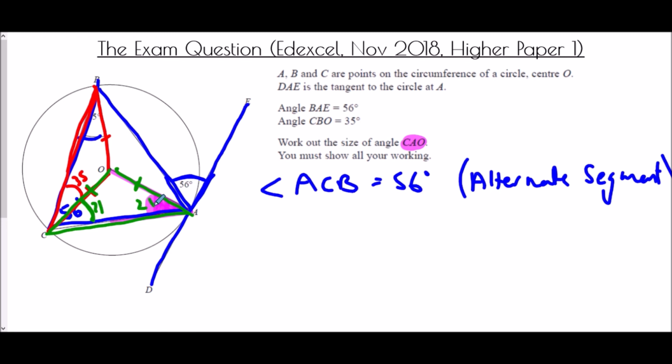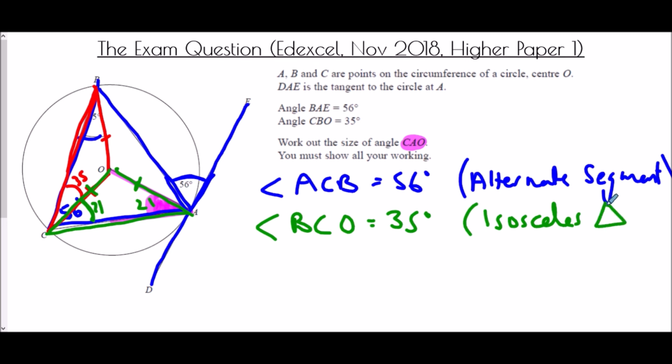And so what we have said there is that angle BCO equals 35 degrees, and again with this one that's because of an isosceles triangle, and then also that angle CAO equals 21 degrees, and that is because of an isosceles triangle.